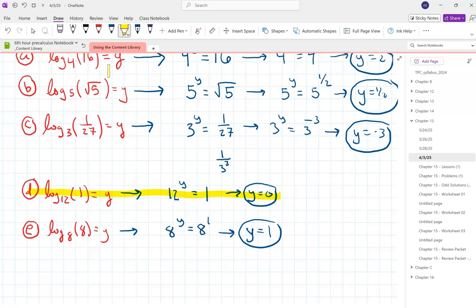So log of 1 is always going to be 0. Doesn't matter what the base is. If I look at the last one, the argument of the log and the base of the log match. That's always going to give us 1, right?